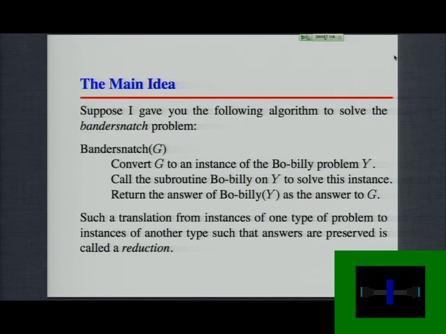Does everybody agree with that? It's a correct algorithm if mobility of Y is always the same as Bandersnatch of G. It is a fast algorithm if the conversion is fast, and mobility is fast. So this might give us a fast way to compute Bandersnatch.